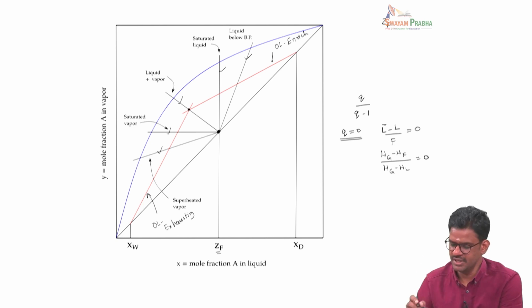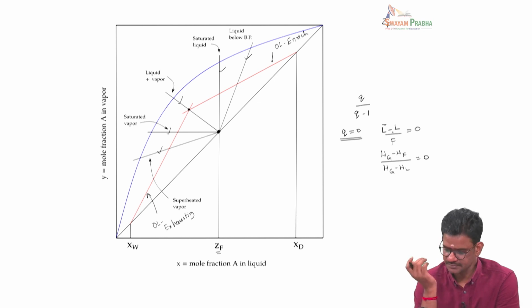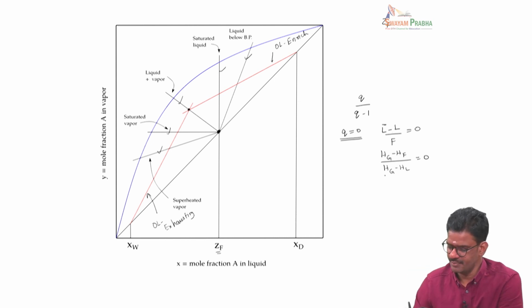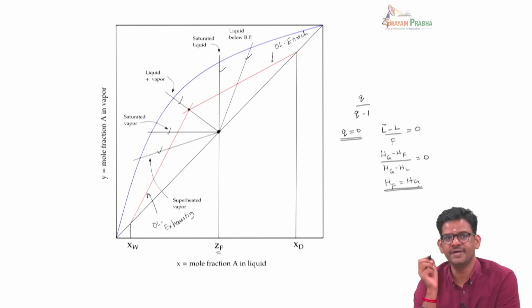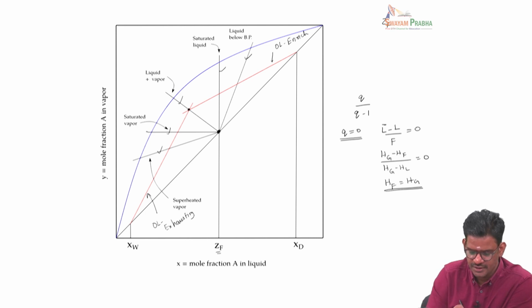Okay, it basically means that when Q equals 0, we are not changing the liquid flow rate at all, which means the feed has to be totally a vapor or a totally saturated vapor. That would happen if Hf is equal to Hg. So this is what I say is that the feed is 100% saturated vapor, and that is the line shown here. So this one corresponds to Q equal to 0.